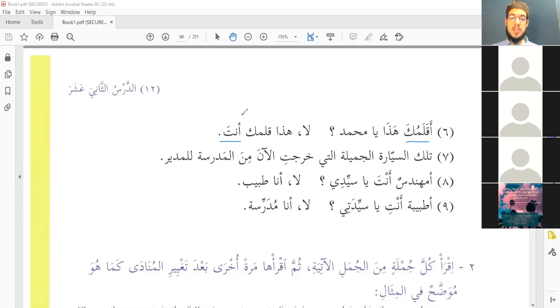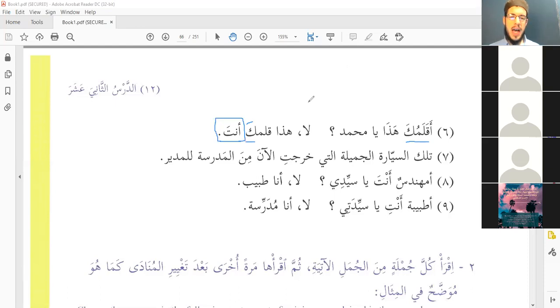And so now we have the possessive pronoun kaf, and then the subject pronoun anta after it is much, much stronger, right? لا هذا قلمك أنت. Like, that's your pen. It is like saying your own pen. Proprio in Italian, right? Like suo proprio. Yeah, something like that.